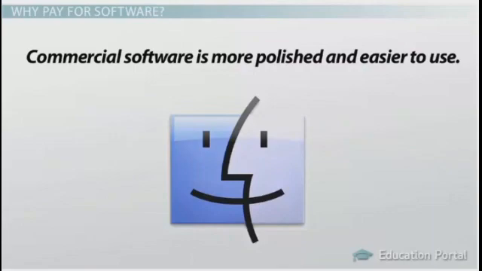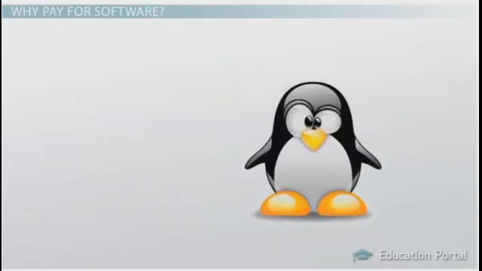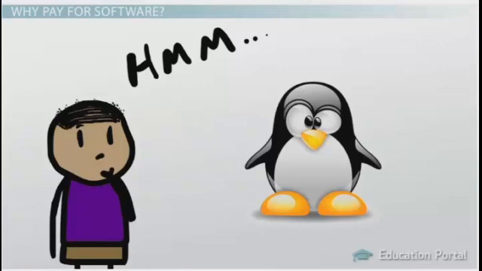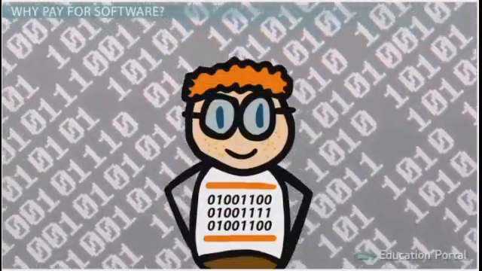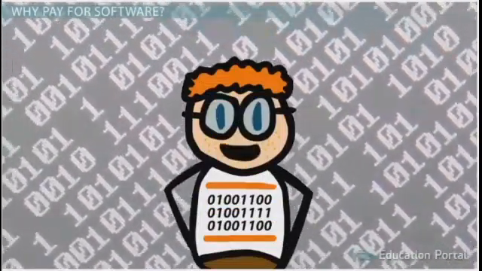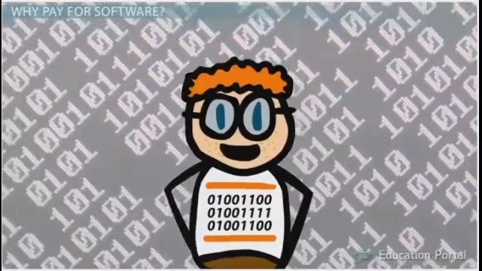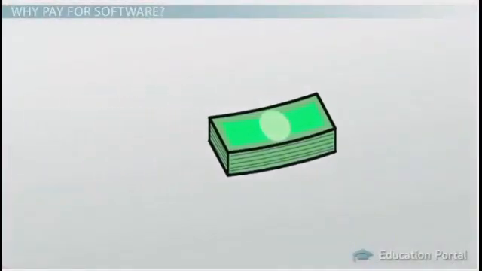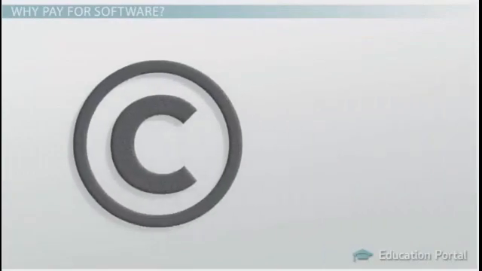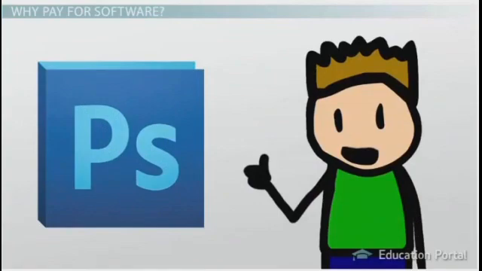For example, the Linux operating system is very powerful, but can be difficult to use by someone who is just getting started with computers. Some open source software is mostly for computer enthusiasts who enjoy figuring stuff out when it comes to computers. If you have a particular job to do, it may be most cost-effective to pay for a license and save time by using a software application that is easier to use.